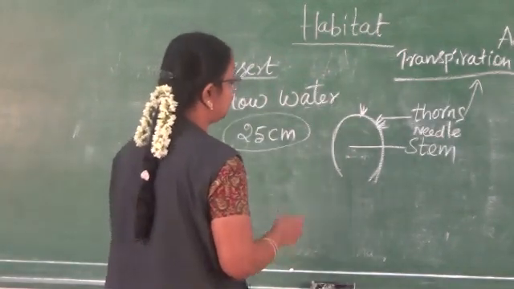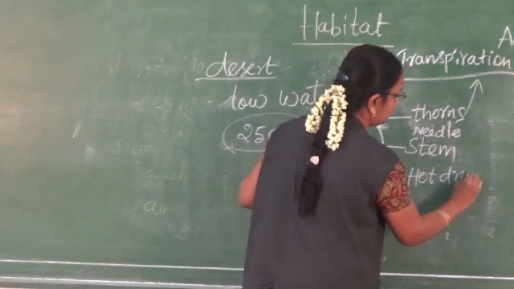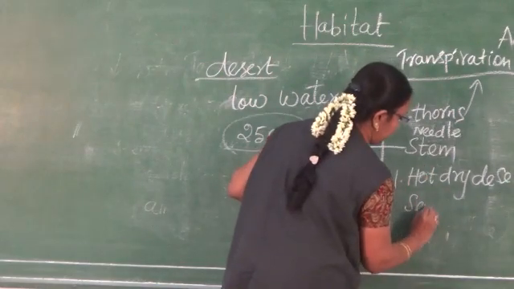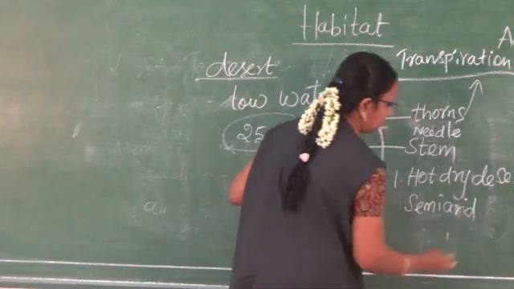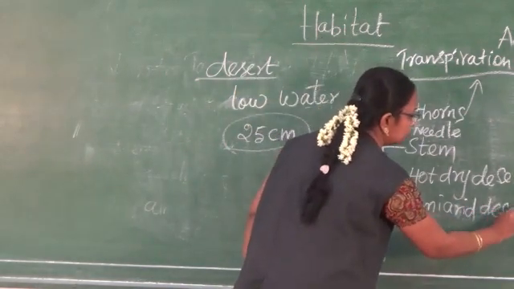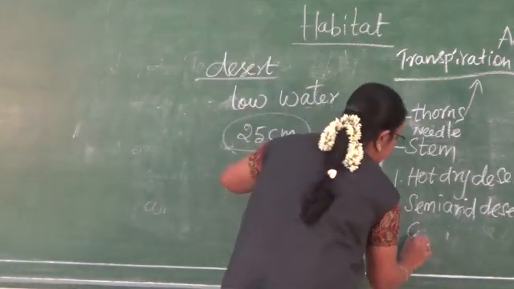When we talk about the desert, there are three types: hot dry desert, semi-arid desert, and coastal cold desert.